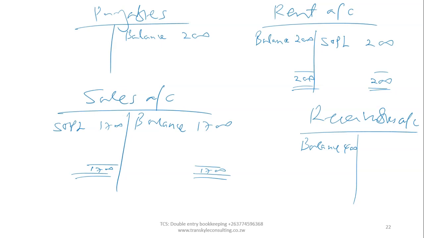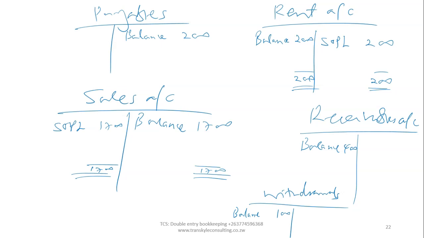So there is not going to be a transfer to the statement of profit or loss. All right, then we've got withdrawals or drawings, and I say that their balance is on the debit side.